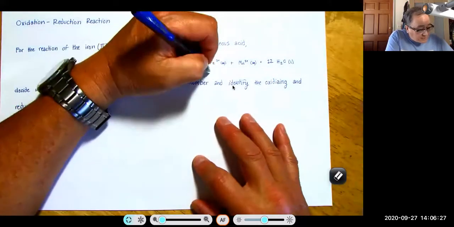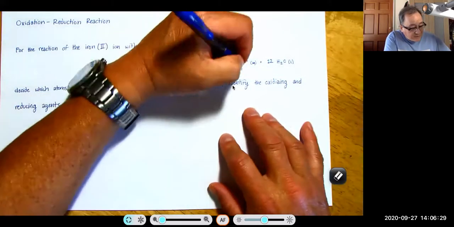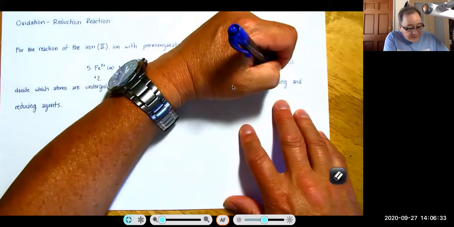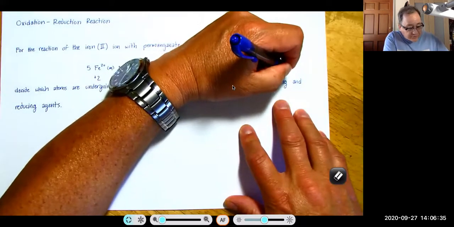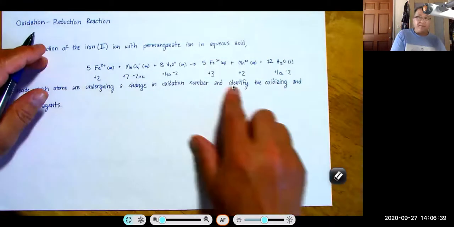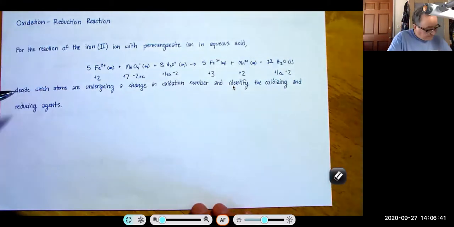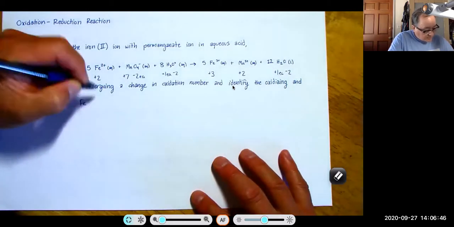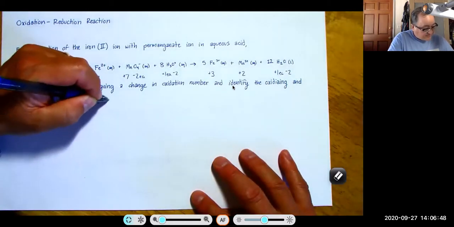Here we've got a +3. Here we've got a +2. And here we've got a +1 each and a -2. So if we take a look at each of these different elements in here, we can see that iron goes from a +2 to a +3.